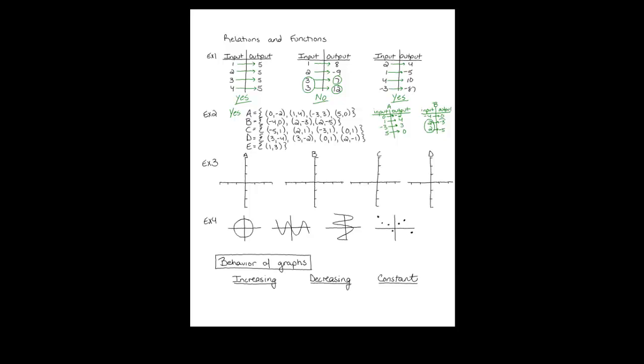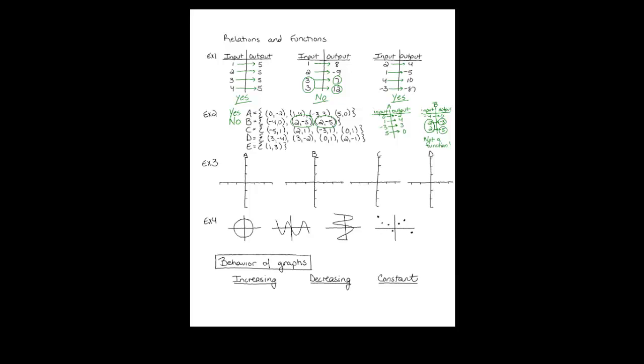An input of 2 has two different output values. So this is not going to be a function. Back over here in our ordered pairs, we have the ordered pairs (2, -3) and (2, -5). Two ordered pairs, the same input value but two different output values. So B is not a function.